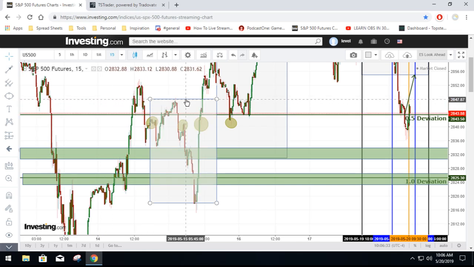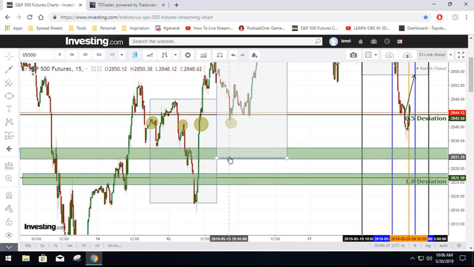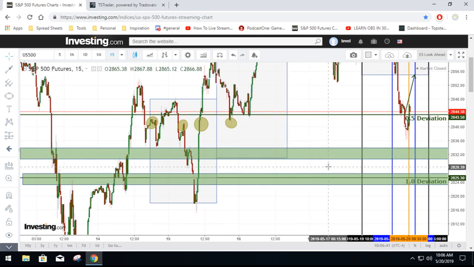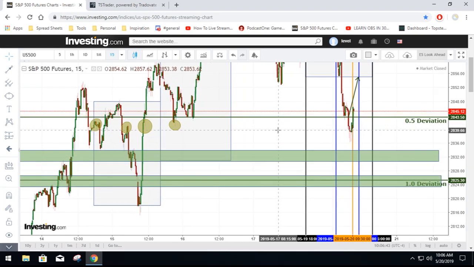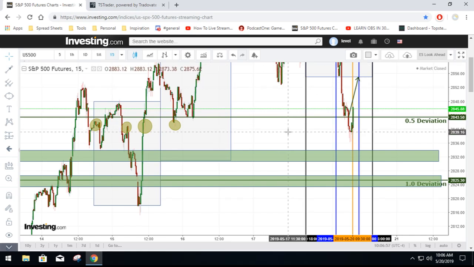Next move is they're looking for this value to come into play on the downside. I wouldn't be selling unless I see 56 or above. If I do see 55 to 56, then I will be looking to sell the market.